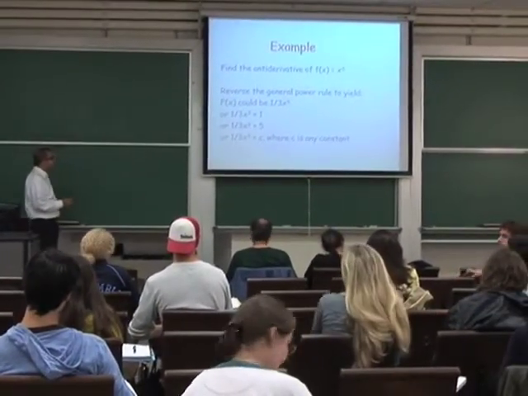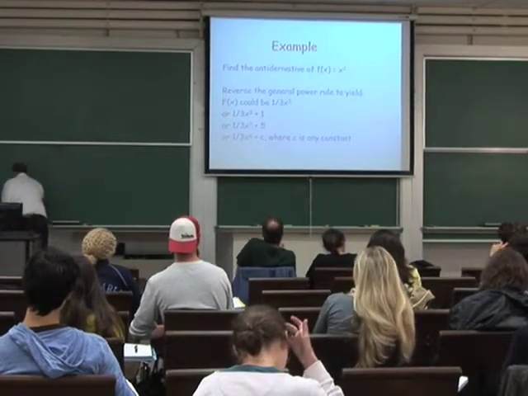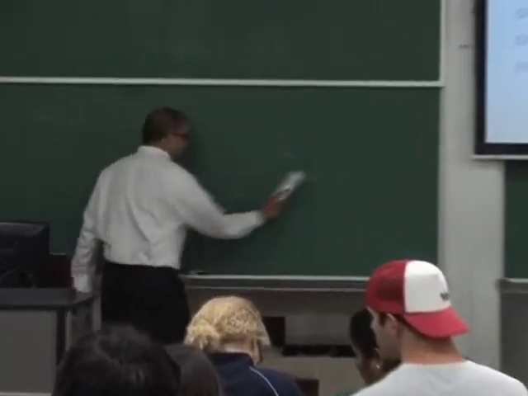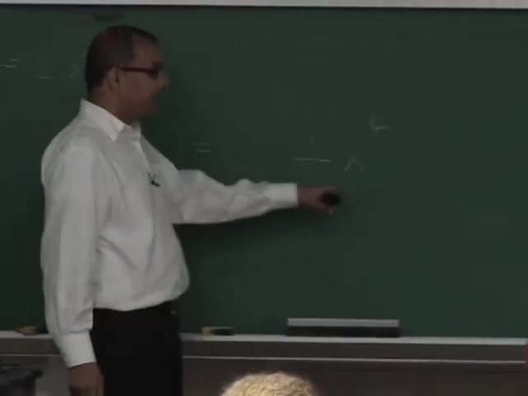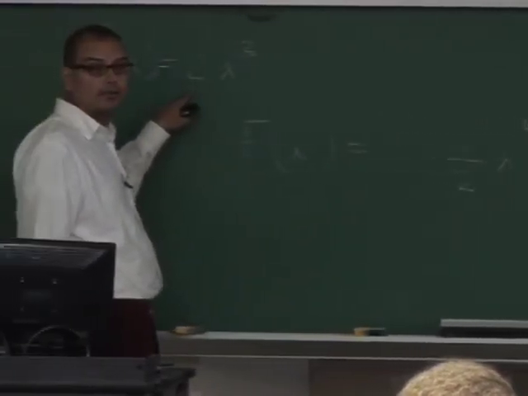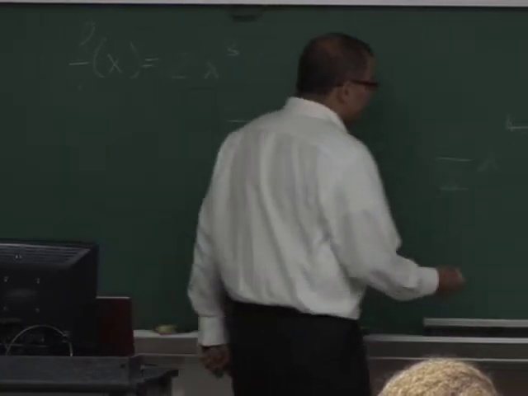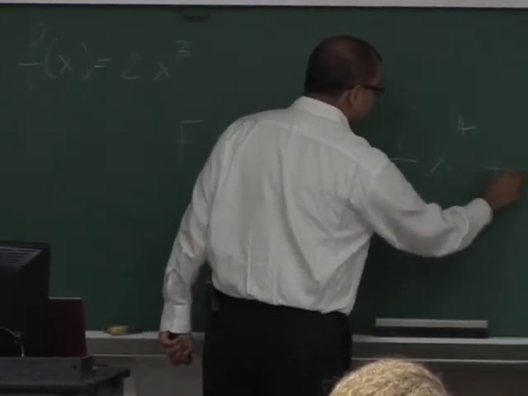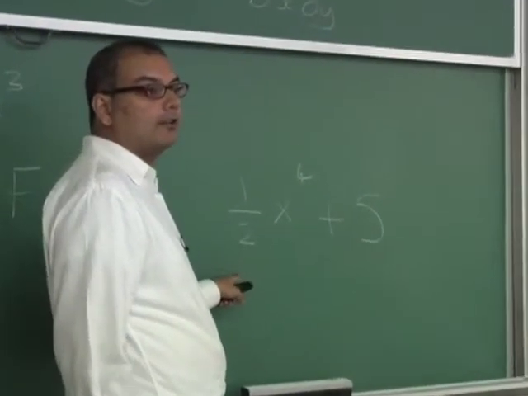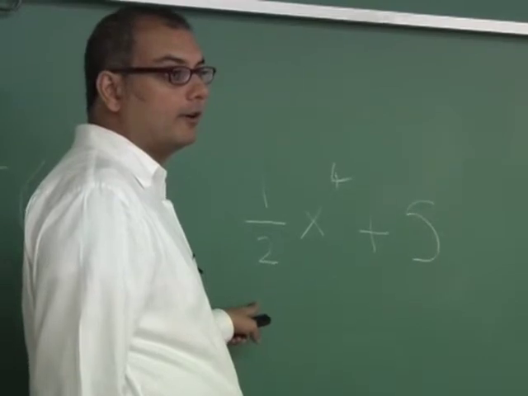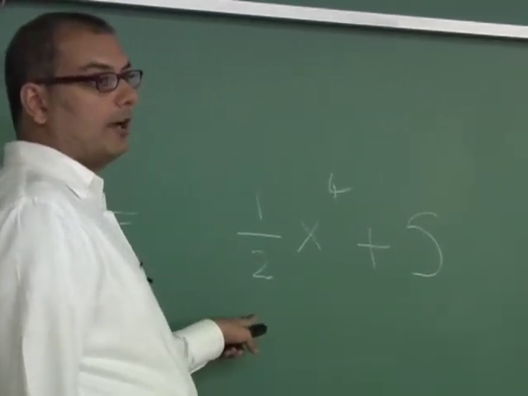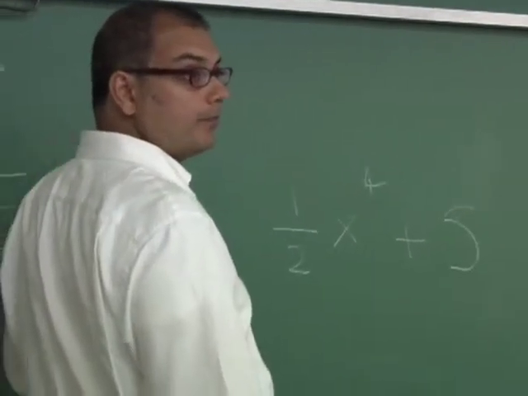Well, the reason for the C is that if I take a derivative of this function, then as you know, you get 2x cubed. Suppose that instead of this function, I had the following function, and I were to take a derivative of this, what would be the derivative? 2x cubed, right? Same as before.